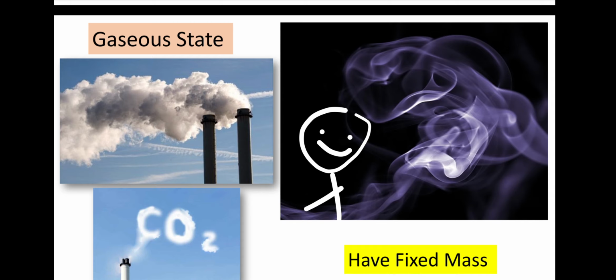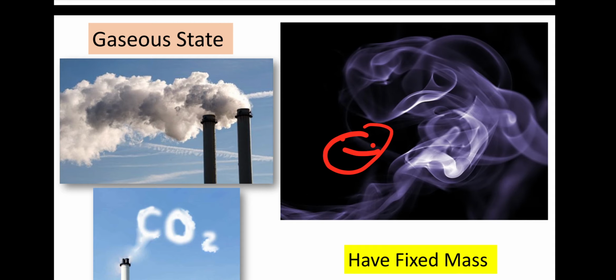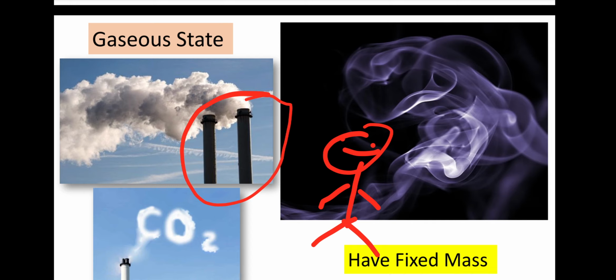Wait, guys, just give me a second. For example, I'm here and this is the factory I'm working in. Usually we humans didn't have these kinds of factories, but nowadays we humans have created this factory for unnecessary use, releasing CO2, also known as carbon dioxide.